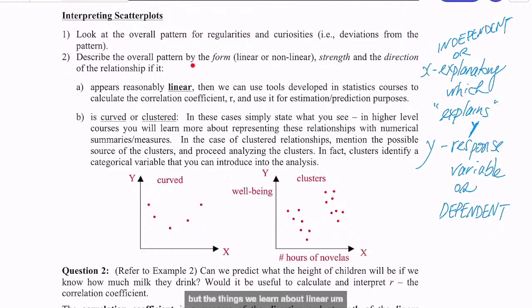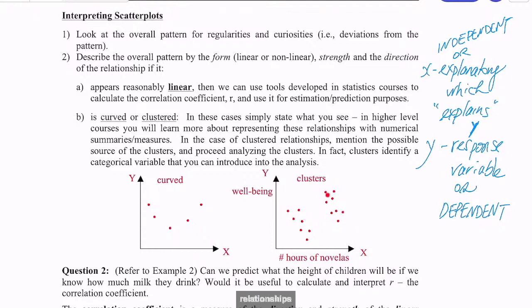But the things we learn about linear relationships don't apply to curved ones unless you transform them into a line. I'm not going to get into the transformations, but you can do that if you learn how.